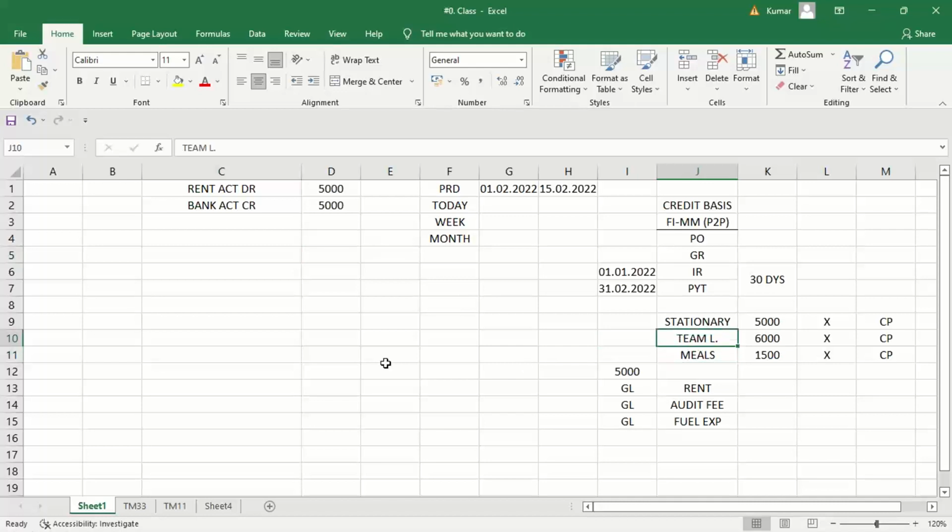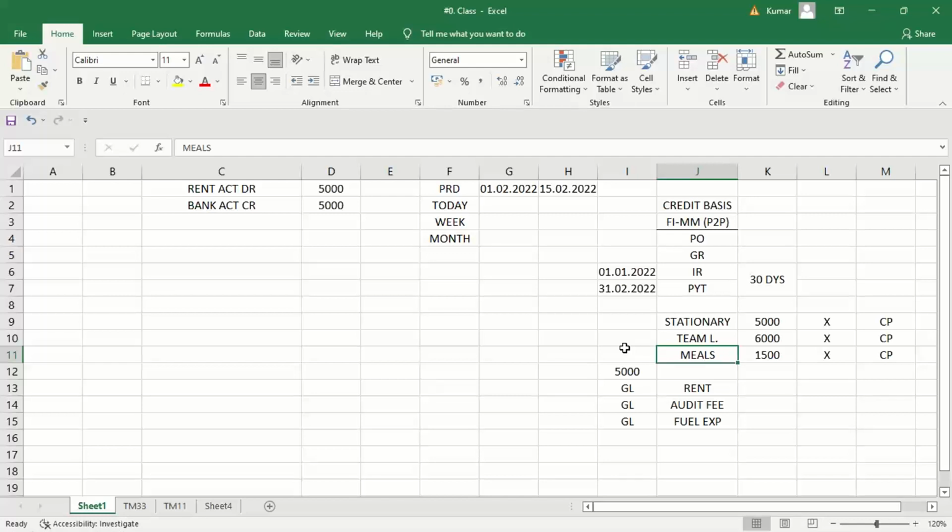Team lunch, let's suppose we create a GL account, team lunch debit, cash account credit. Meals, let's suppose a different GL. Or small equipments, as I said, a different GL is created. Electrician related services, when somebody came and fixed certain issues in the office, that is going to be posted in a different GL.